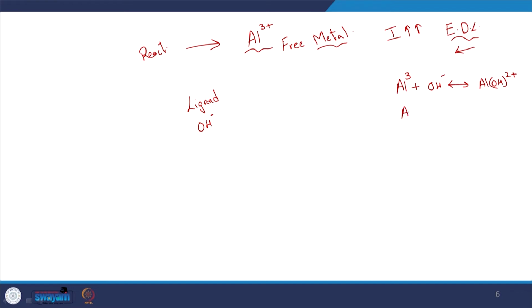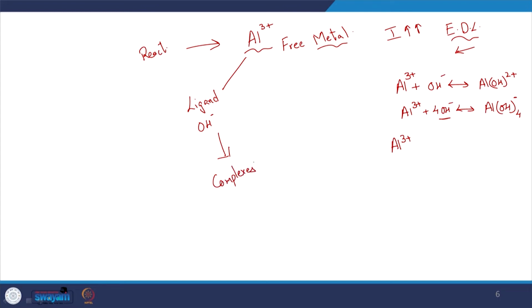Again, depending on the concentration of OH minus, I can even have this complex being formed, and you see now it even has a negative charge. And more importantly, as I mentioned, depending on the conditions, we will look at the graphs that will give you an idea about that. So Al3+ with a ligand can form complexes, right.